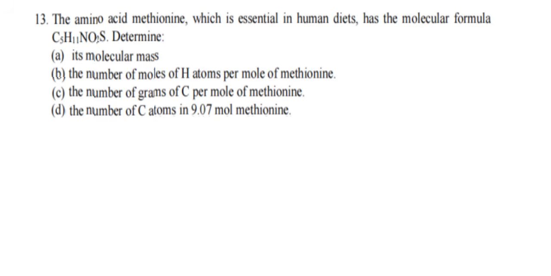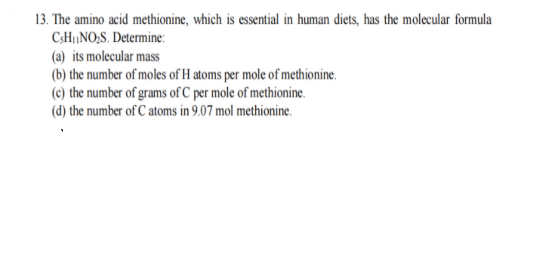So what do we now do to find the molecular mass? Which atoms do we have? We got C, H, N, O, S. Those are the atoms. Then what are their masses? Carbon is 12.01.